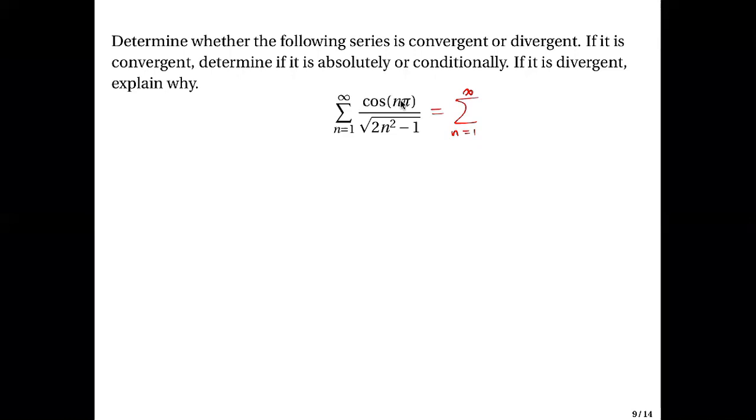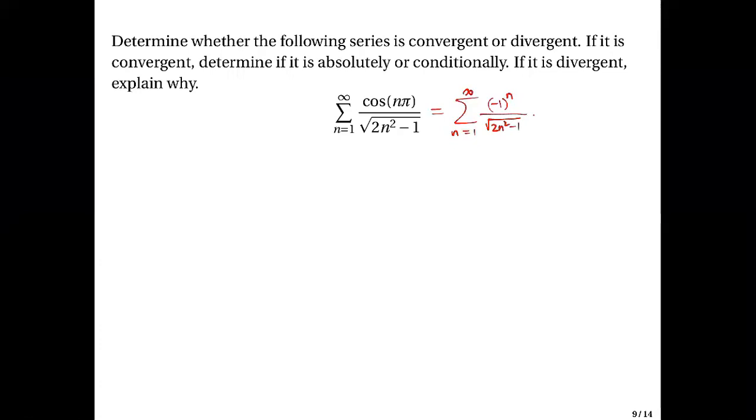So cosine n pi is just negative 1 to the n. Take note, when n equals 1, you have negative 1, and negative 1 raised to 1 is still negative 1. And on the denominator, you have square root of 2n squared minus 1.